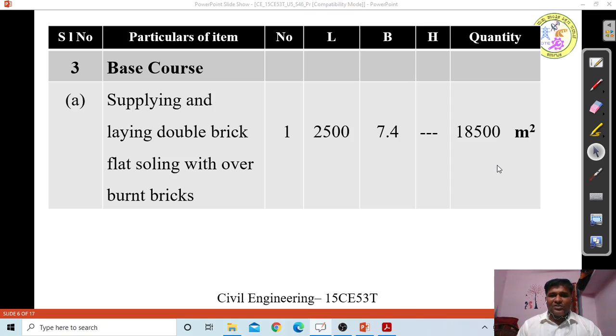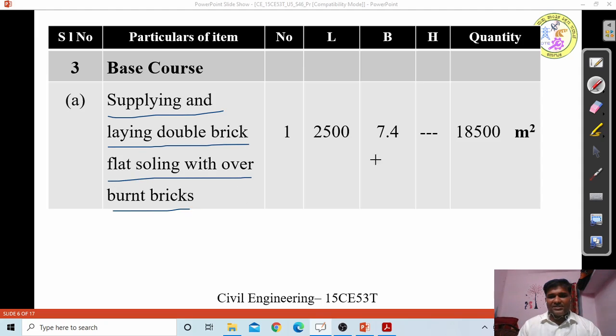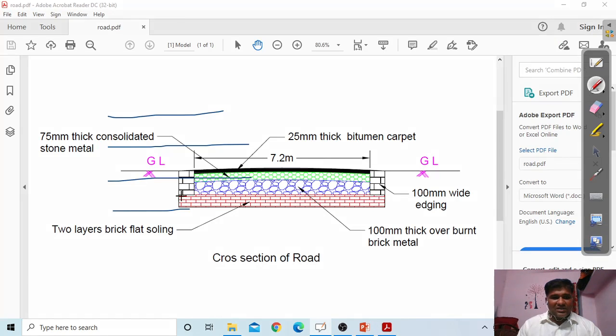Before the bottom layer, this will be put, that is supplying and laying of double brick flat soling with overburnt bricks. So this is the item, 2 layers of brick flat soling from here to here. This will be done to the total width of the road.